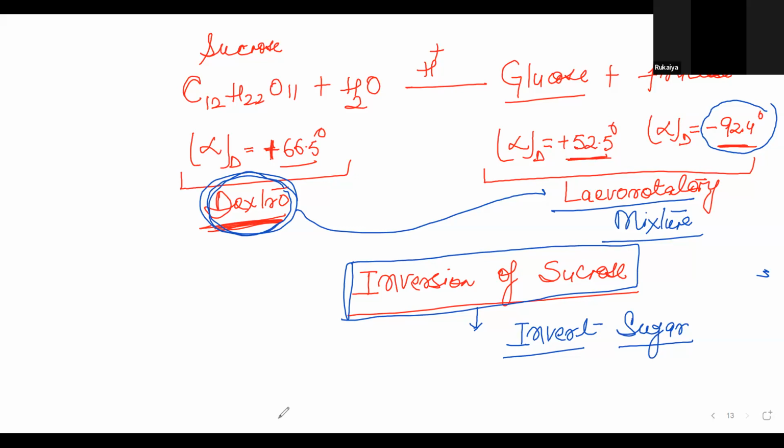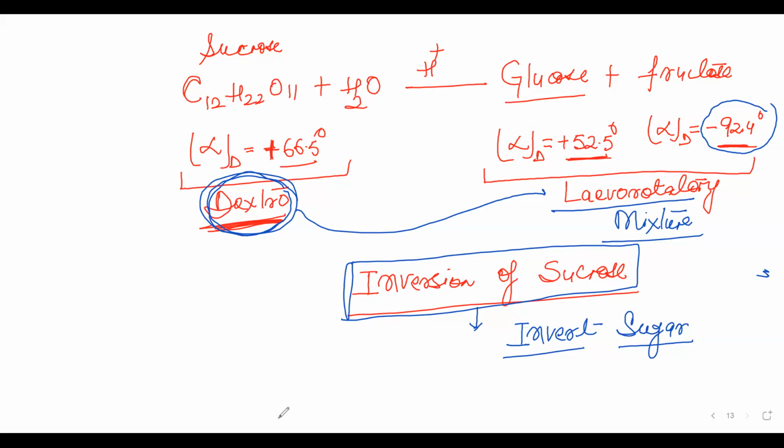Other people can also tell me, are you getting it or not? Yes, sir. So write down, sir. Sucrose is a dextro-rotatory compound. No need to cram up these values. आपको सिर्फ इतना याद रखना है कि जो सुक्रोज है वो डेक्स्ट्रो है और आपका जो मिक्सचर है वो लीवो है. That's it.